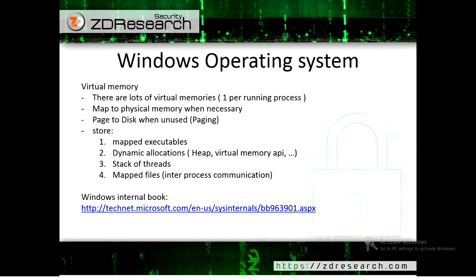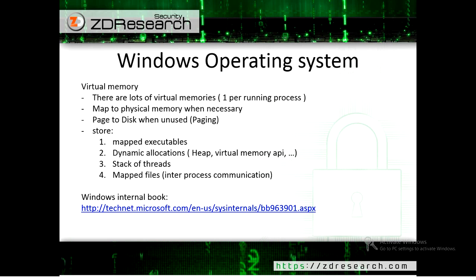And when the data in that virtual memory of a process is not needed anymore, the concept of paging happens. Paging means that the unneeded data of a process is temporarily moved to disk, and later brought back to the physical memory when needed.